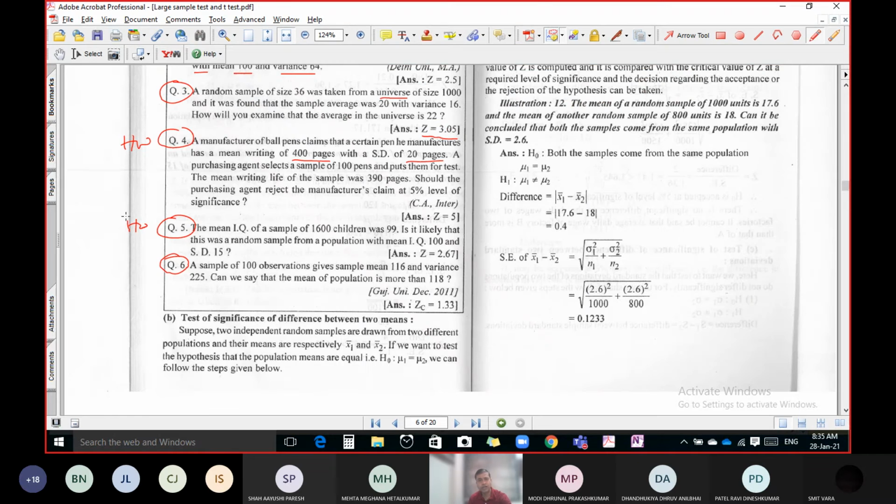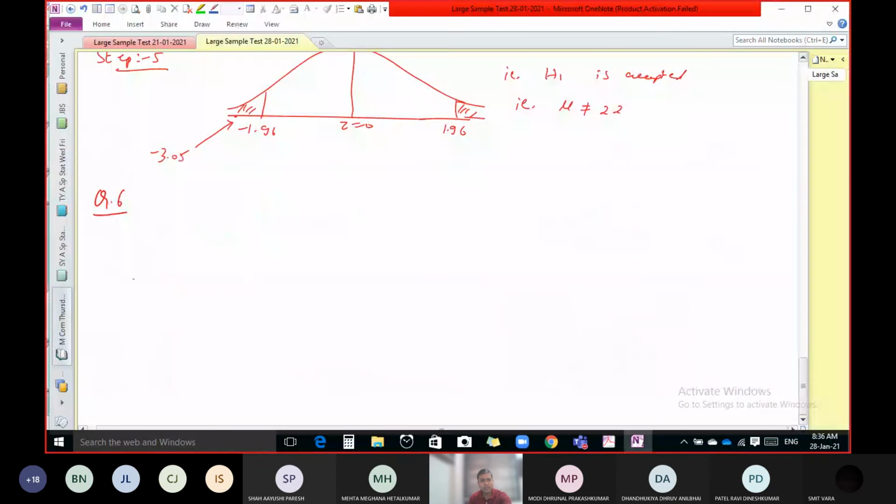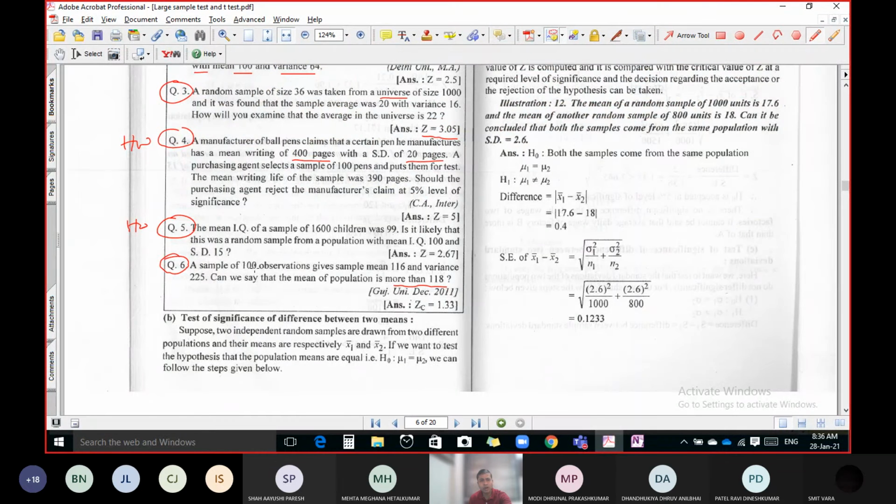See what information we have. A sample of 100 observations gives sample mean 116 and variance 225. Can we say that the mean of population is more than 118? That is our claim. Now see what our sample is. Question number 6, sample of 100 observations. What is this 100?